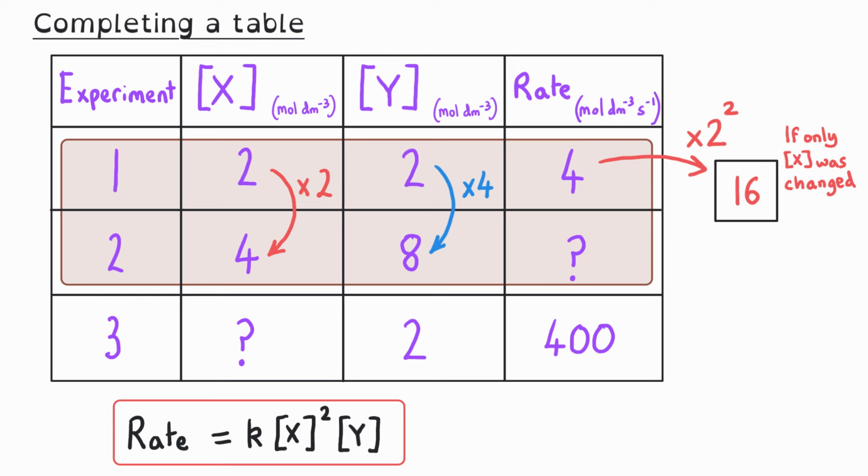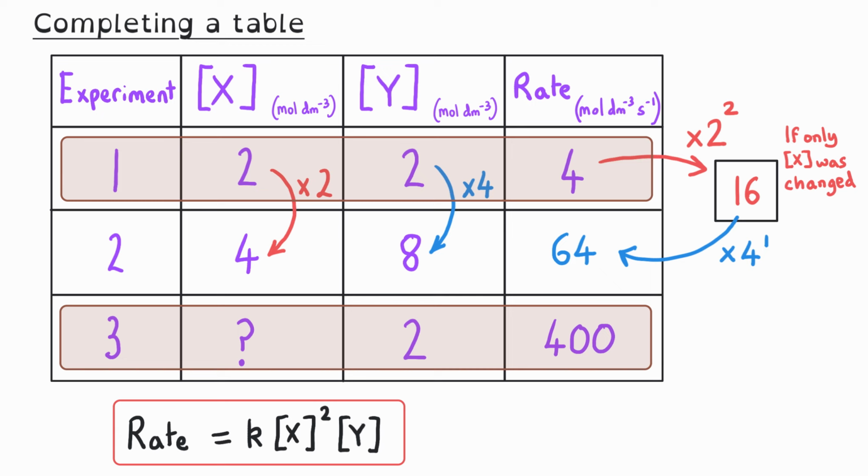And so this would change the rate from 4 into 16 if the only thing that was being changed was the concentration of X. But we are also changing the concentration of Y by a factor of 4. And so that means that the rate of reaction would be multiplied by 4 to the power 1, and 16 multiplied by 4 is 64. And so the new rate of reaction would be 64.